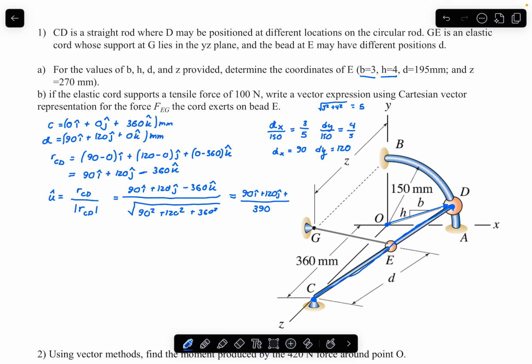Next, we're going to be finding the unit vector, which means we're just going to calculate these values. So 90 over 390.